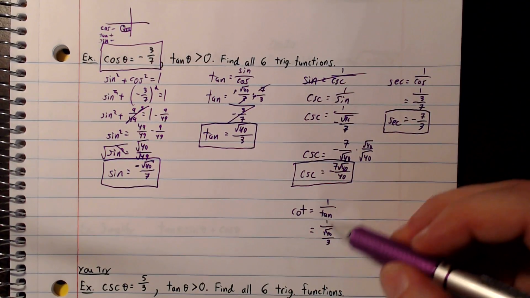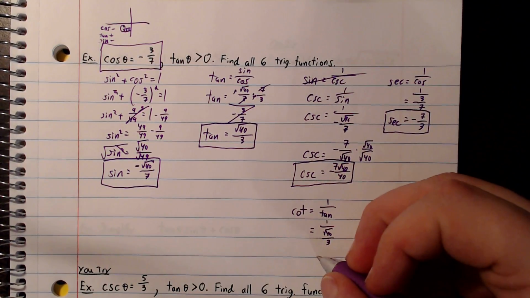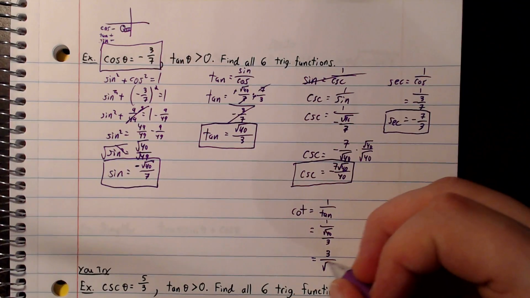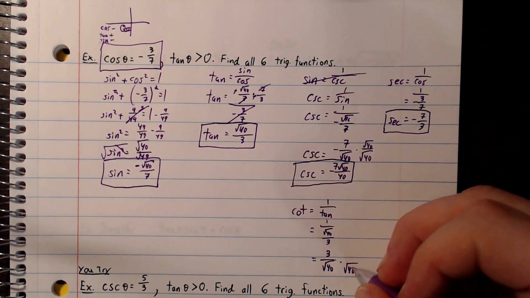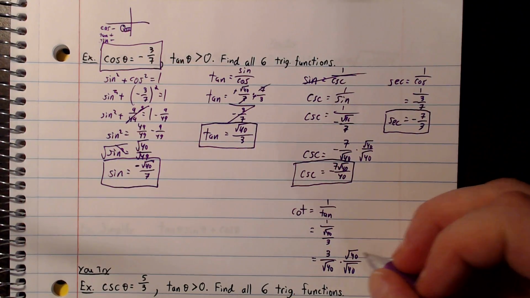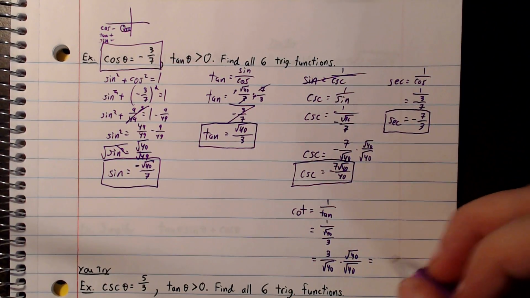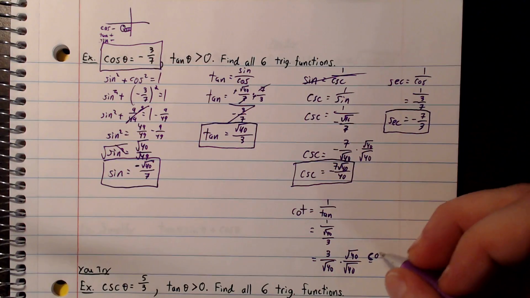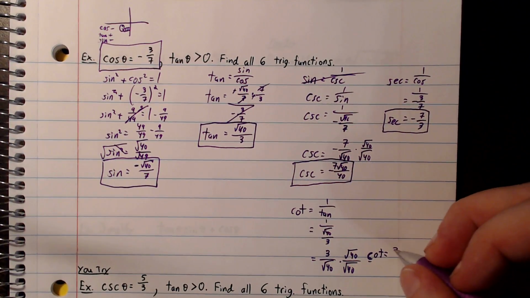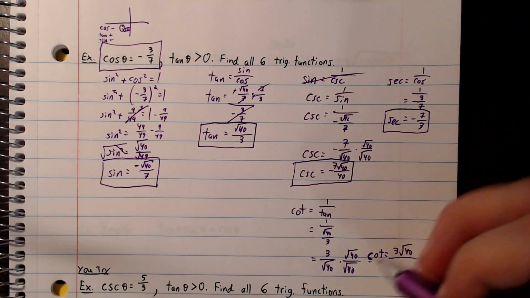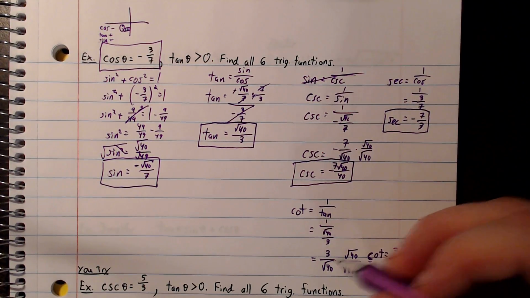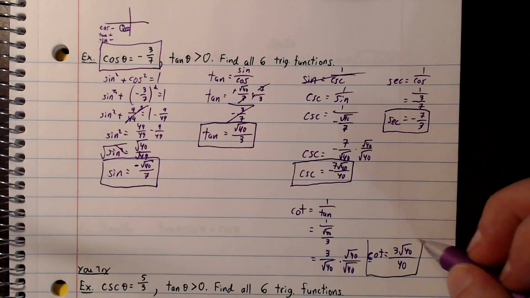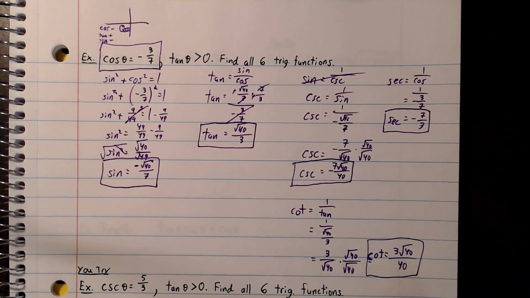Again, we're dividing 1 by this, so just take the reciprocal, 3 over square root of 40, and we rationalize, giving us cotangent equal to 3 root 40 over 40. That's going to be 40 squared, so the square root and the square will cancel out, right? Giving us cotangent 3 root 40 over 40.